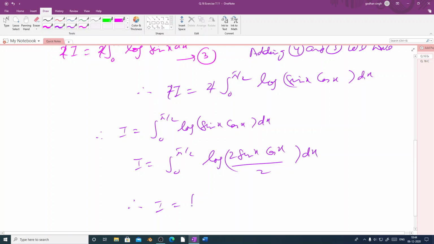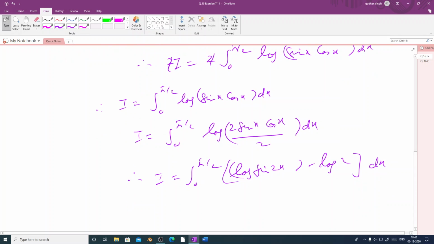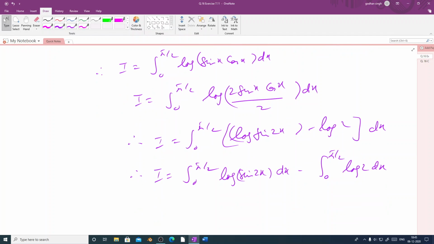Therefore I equals the integral from 0 to pi by 2 of (log sin 2x minus log 2) dx. We can write this, separating them, as I equals the integral from 0 to pi by 2 of log sin 2x dx minus the integral from 0 to pi by 2 of log 2 dx.